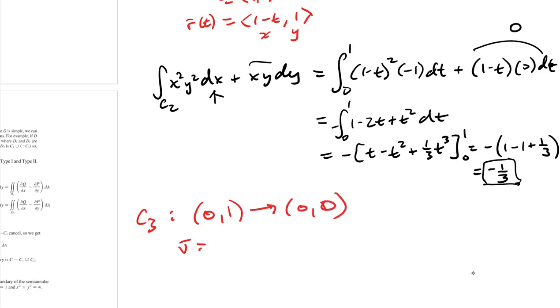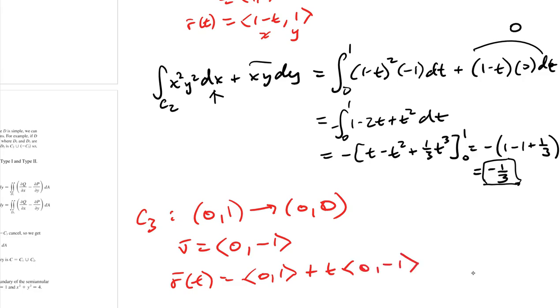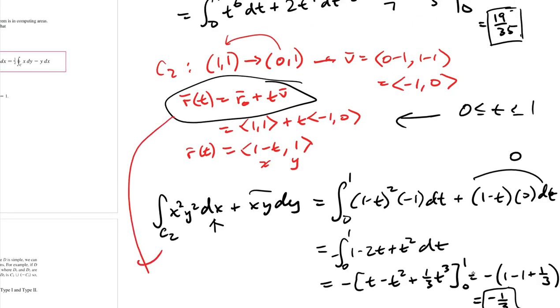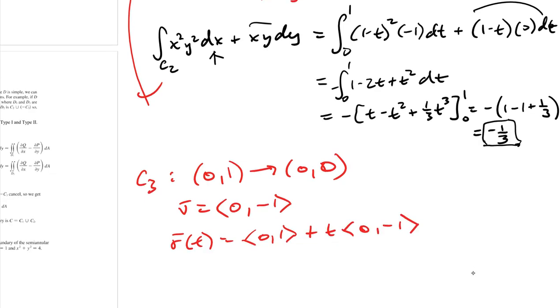So my v will be the difference in the x's and then the difference in the y's. So I get r of t is r naught, so that would be 0, 1 plus t times 0, negative 1. Of course, I'm using my good old friend from way back.